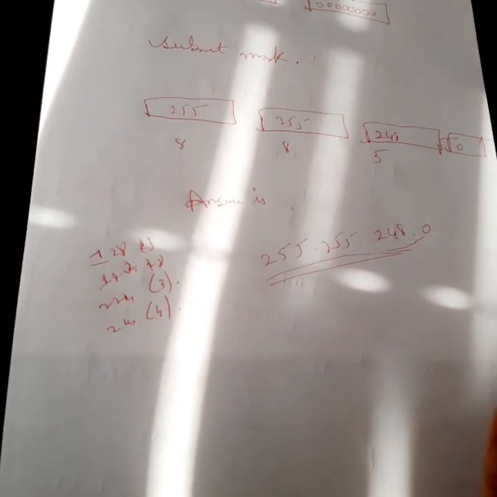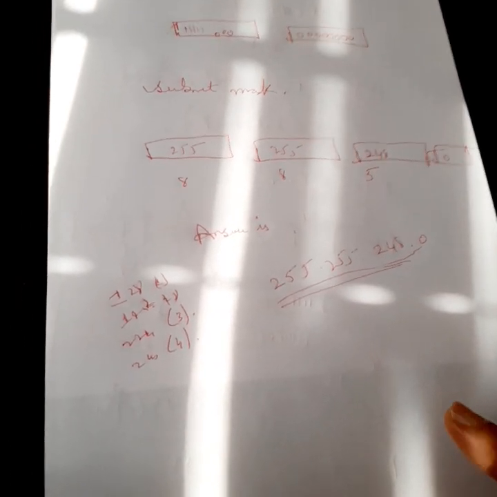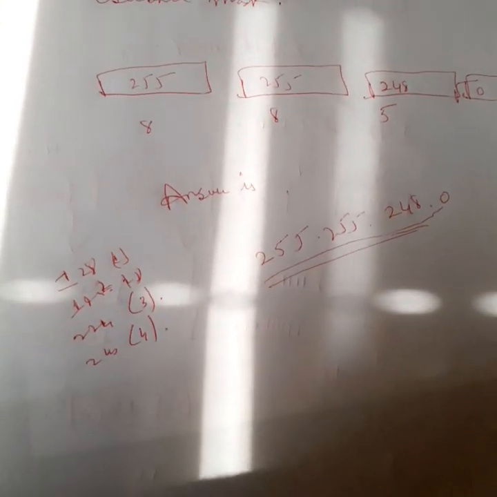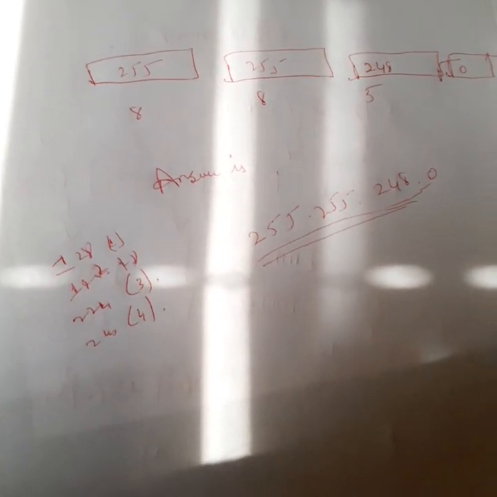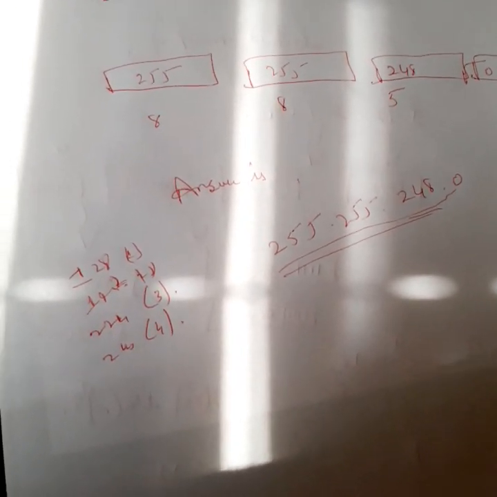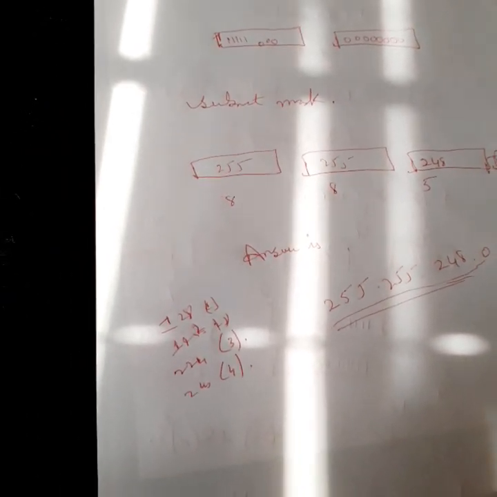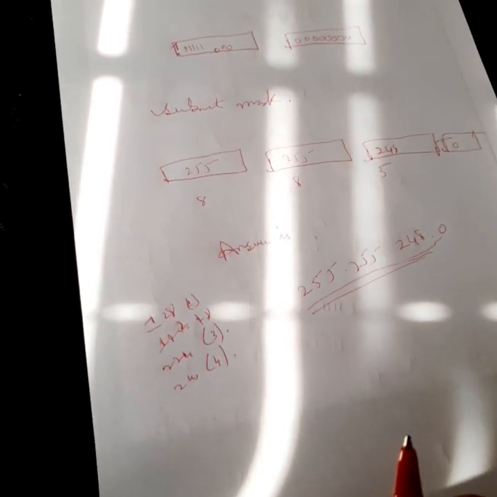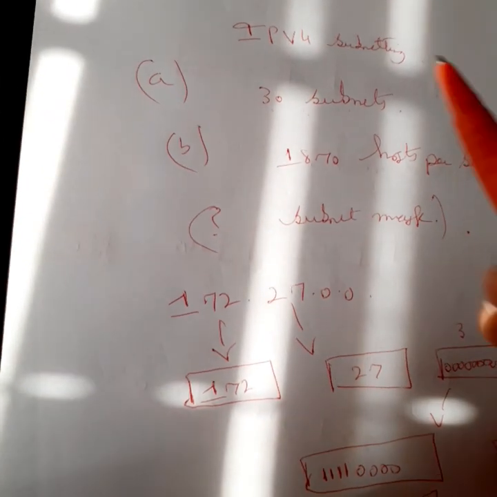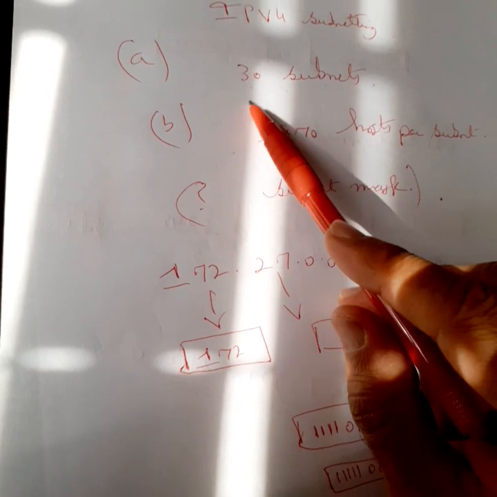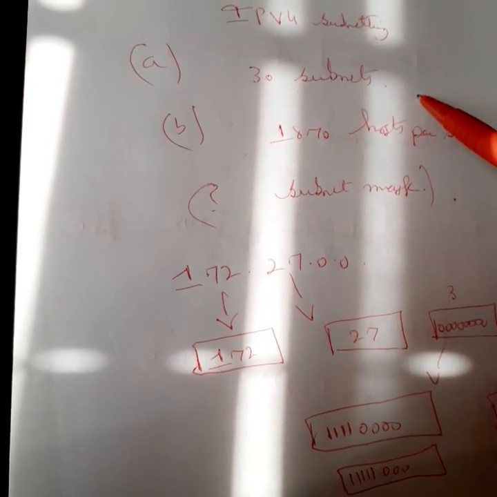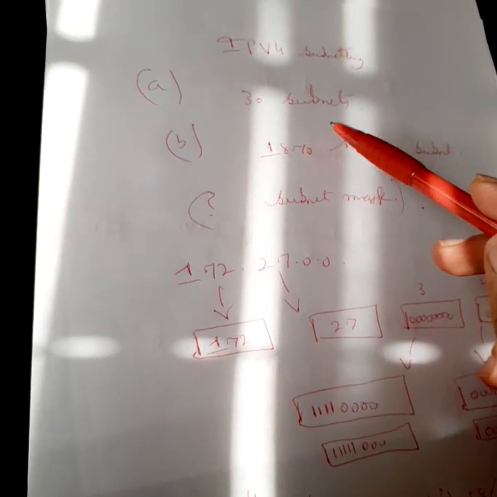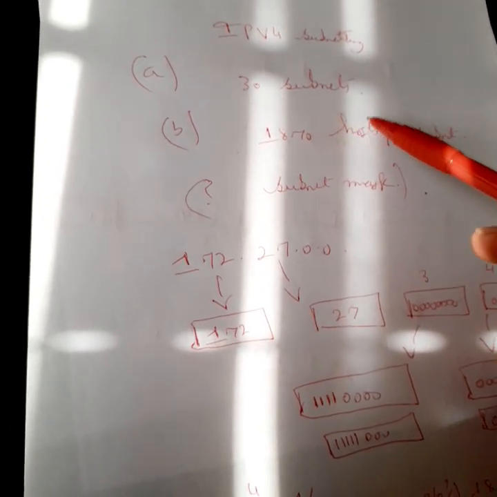Now, when I say this subnet mask, think about this: you have gone onto a site and been given a small contract. You are a network support engineer, sent to a firm in any part of London or Pakistan or India or anywhere. The client says I need 30 subnets, 2 departments of accounts, 4 departments of finance, and 3 departments of inventory.